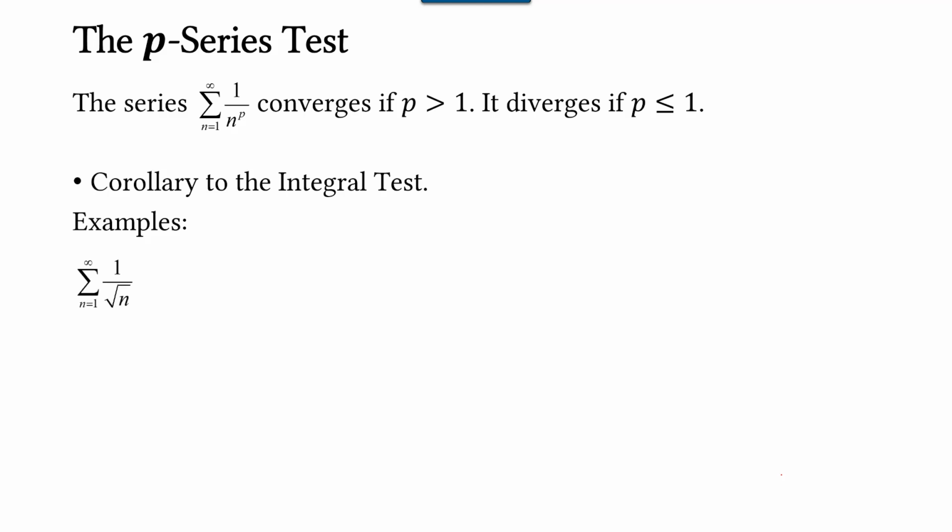A couple of examples. We can rewrite the series of the reciprocals of the square roots as 1 over n to the 1/2. That makes this more clearly a p-series where p is a half. That's less than or equal to 1, so we have a divergent series.